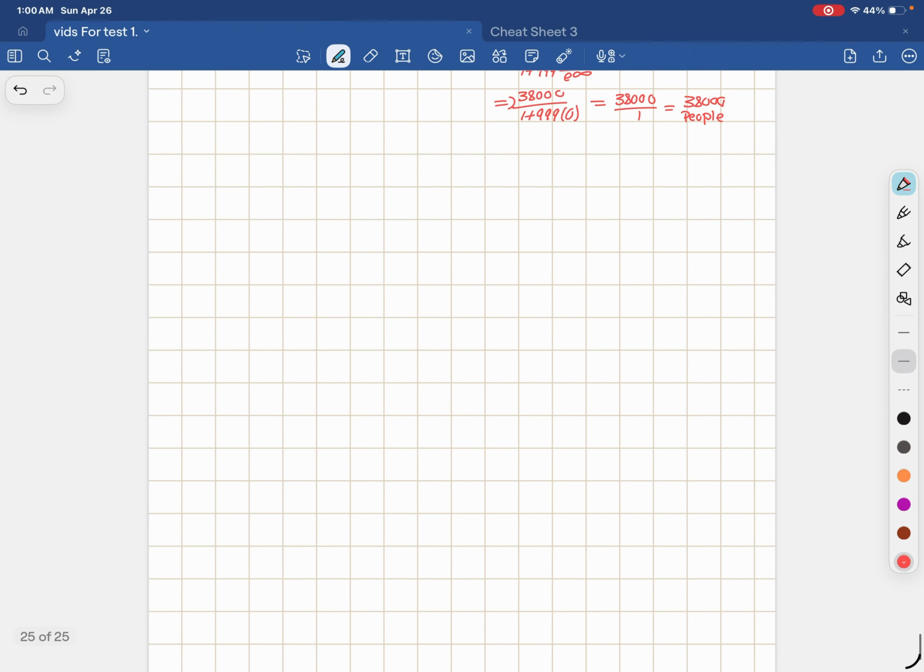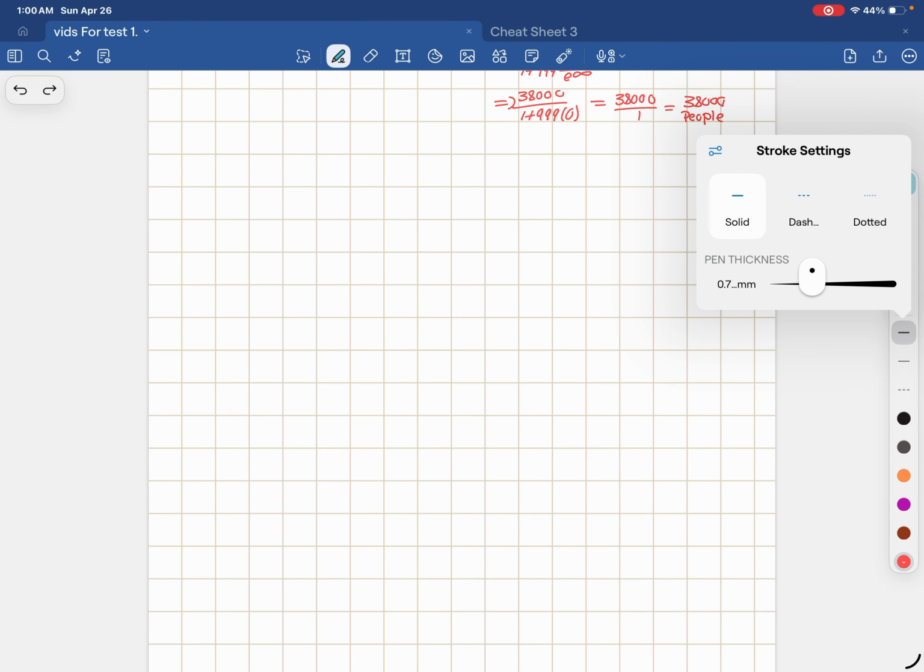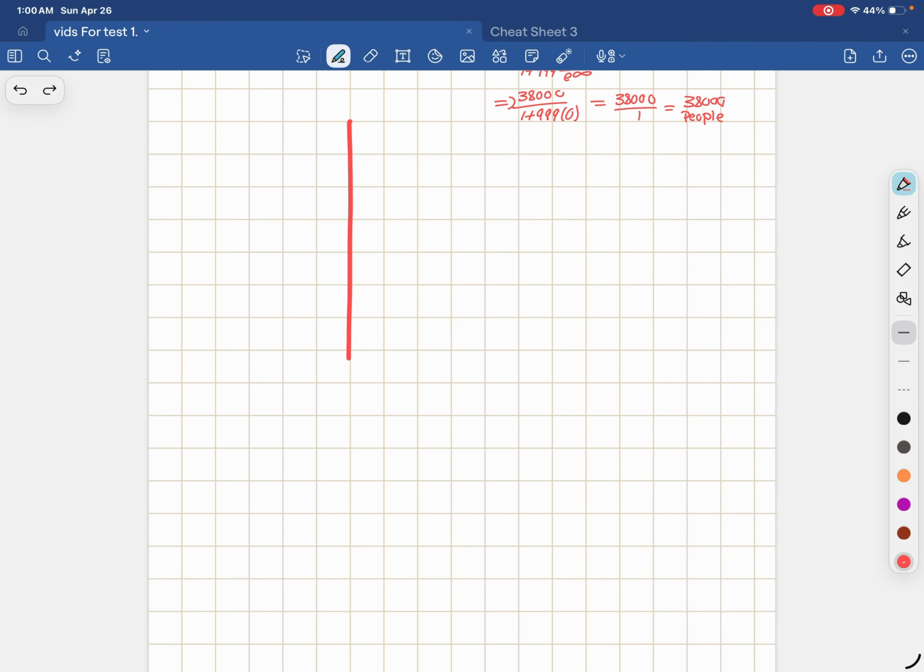So when graphing this, we have a fun little graph to do. We'll actually make this as big as possible to be easier to see. So we'll draw a normal graph.